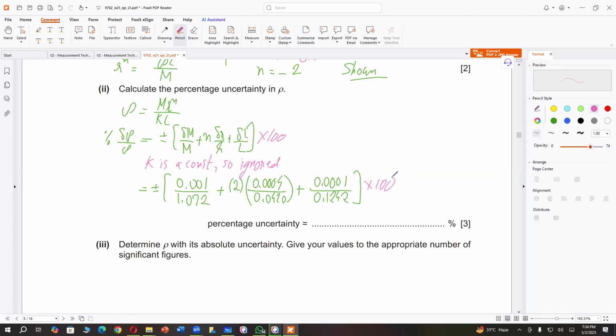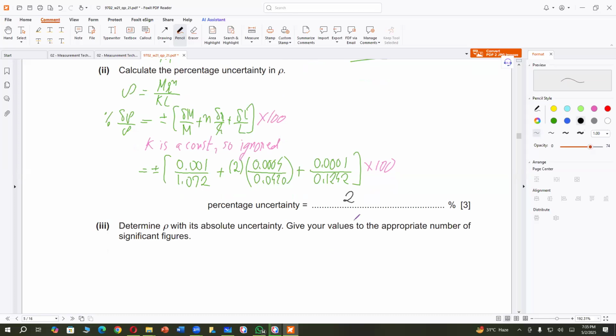Yes, Asad, can you do the calculation? Sir, I got 0.1. After multiplying with 100, I'm getting 2. You should check that calculation again.